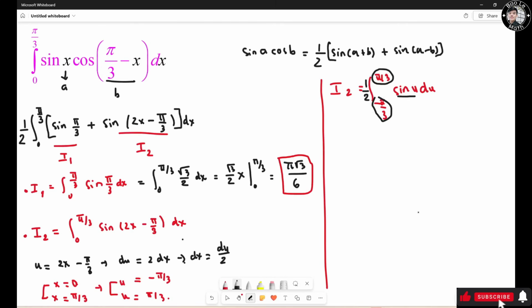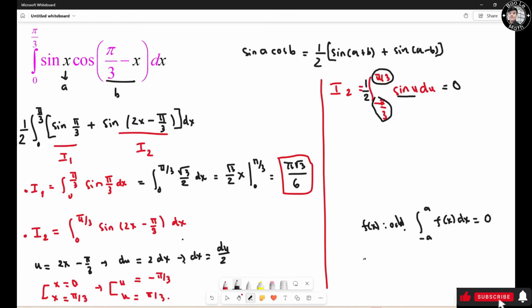We have the formula: the integral from negative a to a of f of s ds equals 0 if f of s is an odd function. We know that the sine function is odd, so this one equals 0.